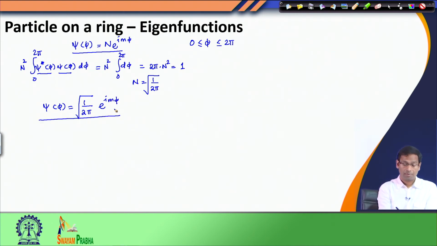Now, I have come across a situation where the wave function is not actually real, but it is complex. I can write this eigenfunction, instead of e to the power i m phi, as a cosine function in the real plane and a sine function in the imaginary plane.